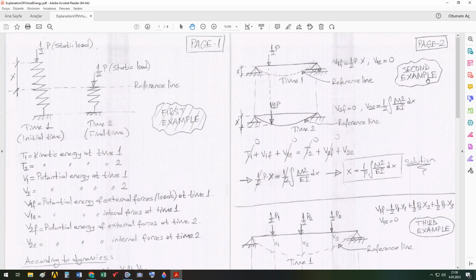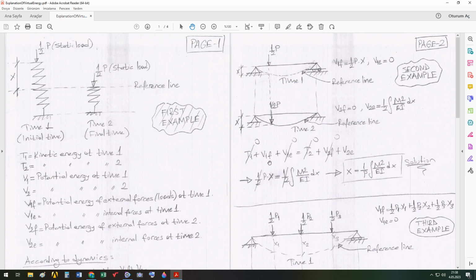So maybe the potential energy of forces is written similarly as given in the first example, but the elastic energy stored in a beam, in a structural component like a column, is calculated differently, but very similarly. So the same equation applies here.